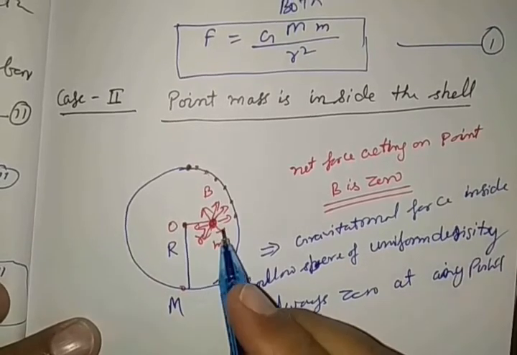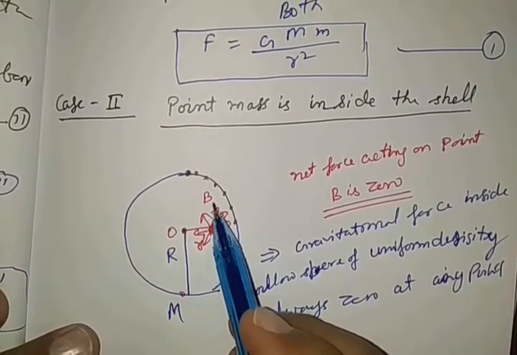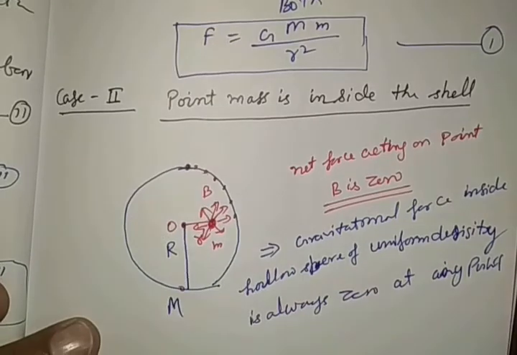The situation is the same if point B is anywhere within the spherical cell.